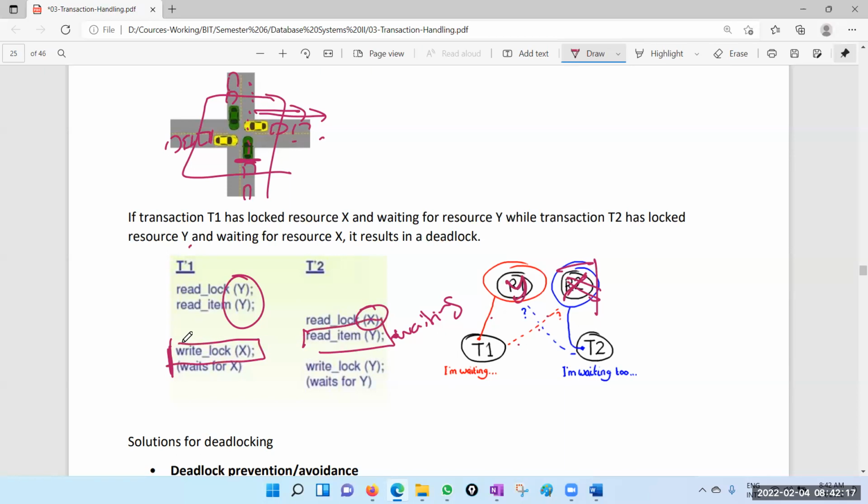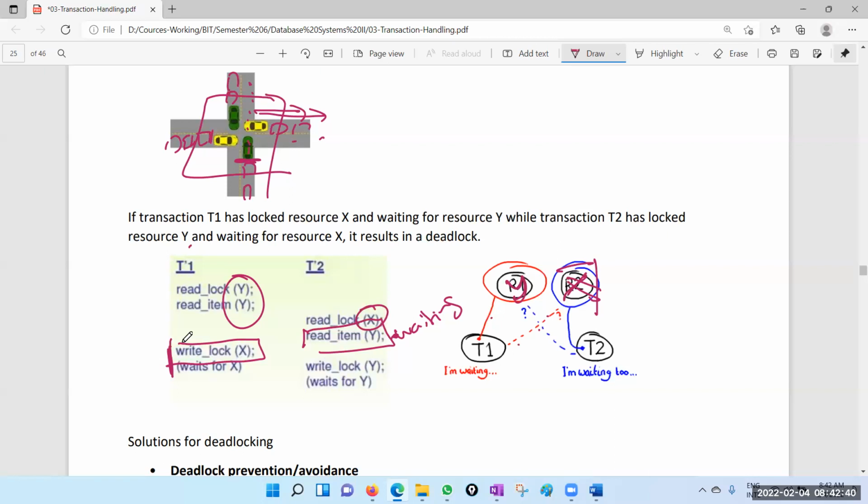Both are waiting, hoping that after some time the lock will be released. But in reality, these locks are never going to be released. It's a cyclic dependency. So that is called deadlock in transaction handling. This is never going to resolve.